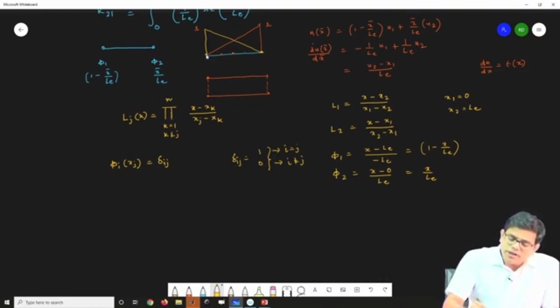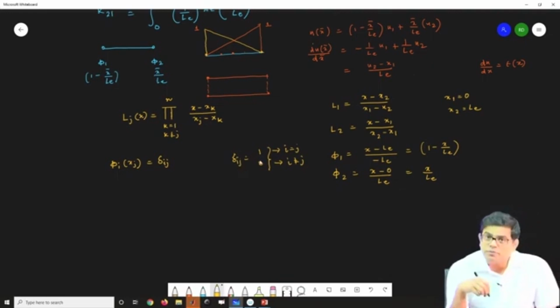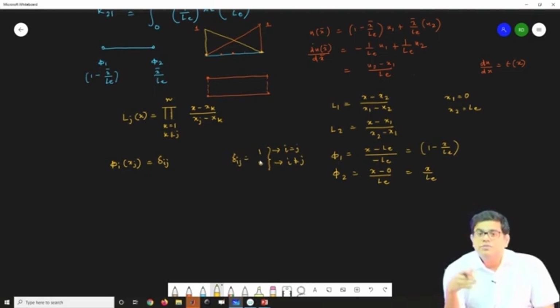If you look carefully, at this point phi 1 is 1, as we have seen by plotting the function, and at this point it is 0. So it satisfies the Kronecker delta property. This is known as the interpolation property.